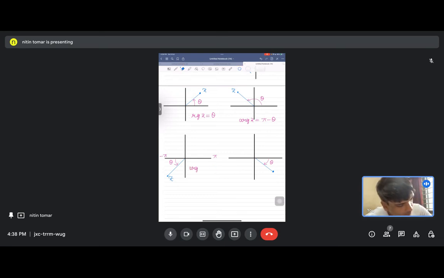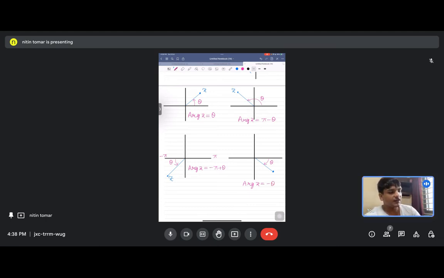Oh, this is the principal argument, so I'll write capital A. Minus theta. Exactly. The argument of z should just be minus theta, right? Adding or subtracting 2 pi, finally it will be minus theta, right? Yes, sir.